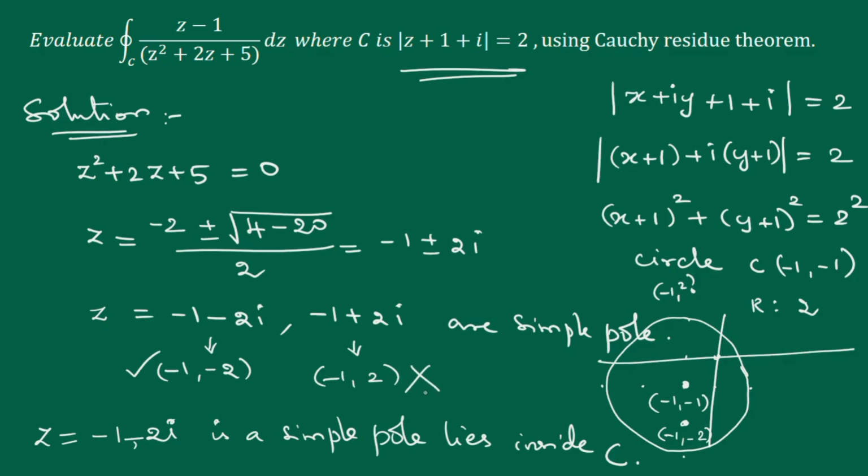Suppose some other circle is given where both the poles lie inside, then we have to calculate the residue for both the poles, add them together and apply the Cauchy residue theorem, and we will get the answer to this integration. So now here only one pole lies inside the circle C, so we have to find the residue only for this pole, that is minus 1 minus 2i.